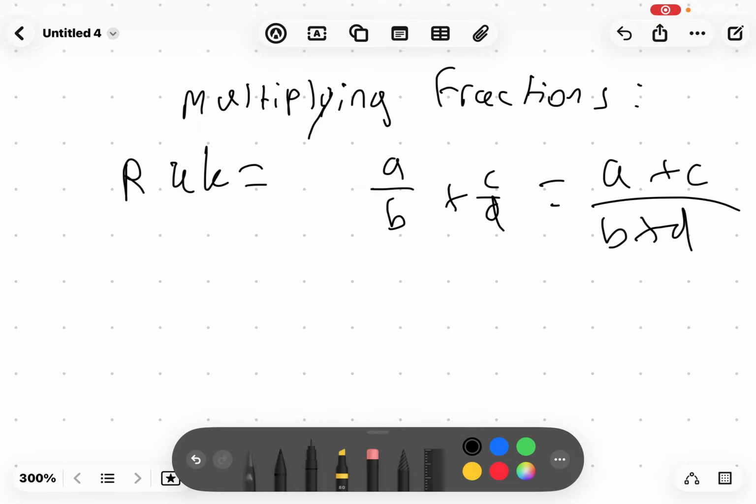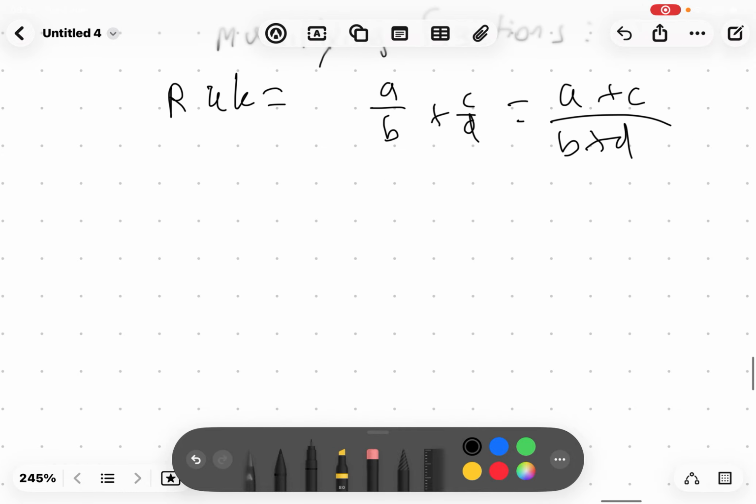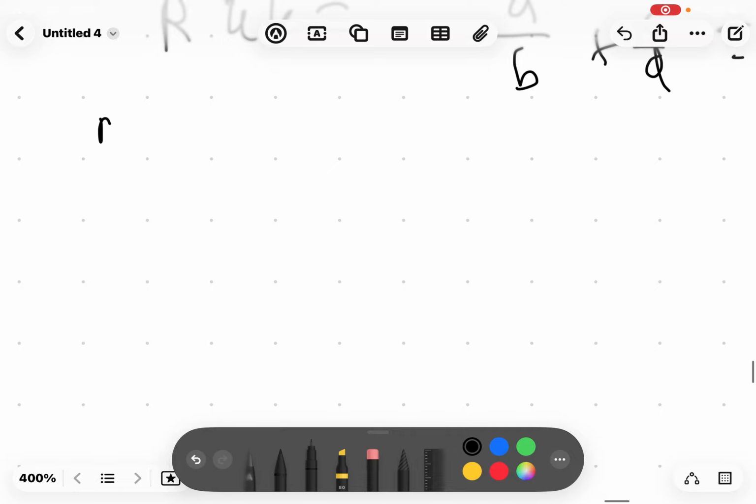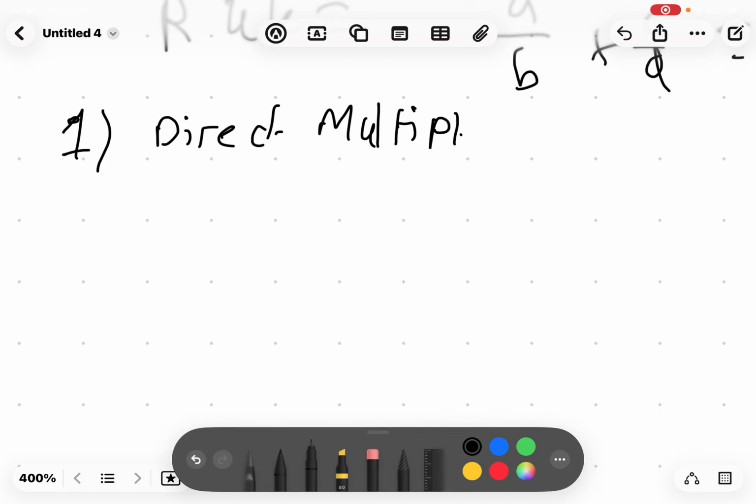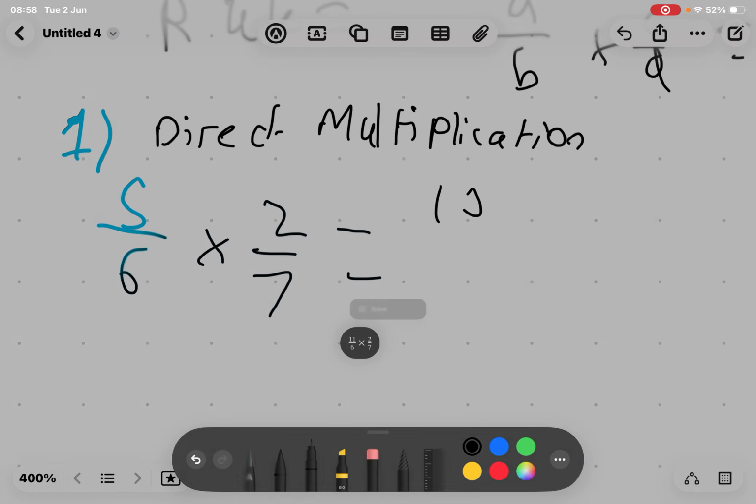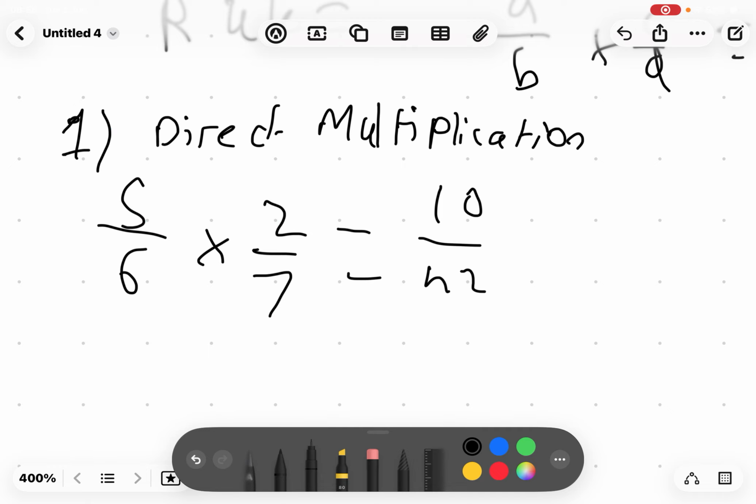So first of all, the first method is direct multiplication, and basically, let's say we have this, we just multiply them straight away, and then we simplify them after.